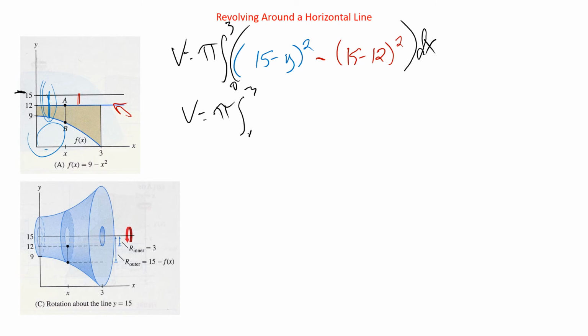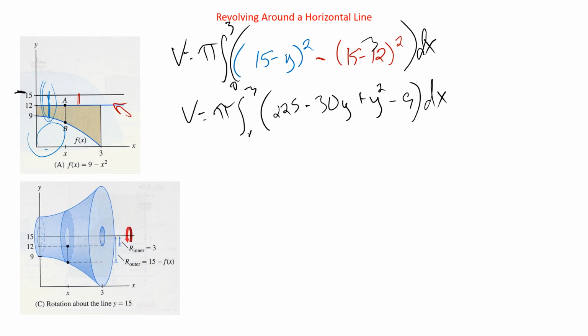Don't be that guy. This is 15 squared, which is 225. And then there would be a minus 15y, another minus 15y, so we'll have minus 30y plus y squared. And then minus, this is just 3 squared, so it'll just be minus 9, dx.